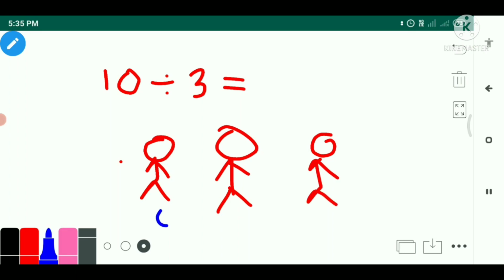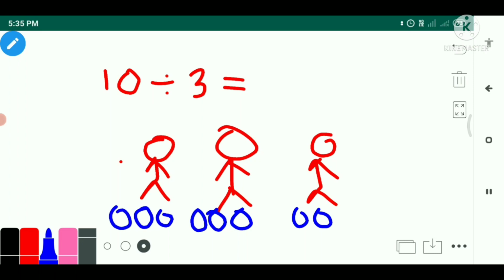Now one chocolate each will get, right? Then one more chocolate each will get. Now another one chocolate each will get, right?